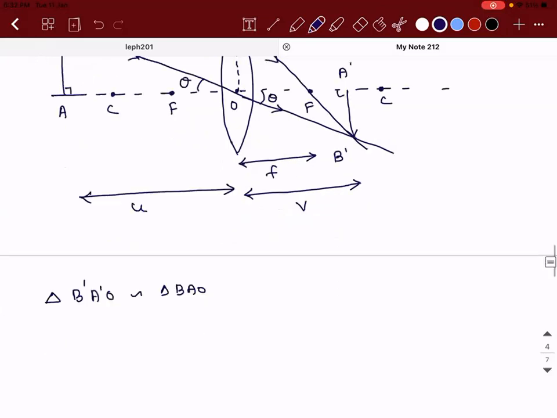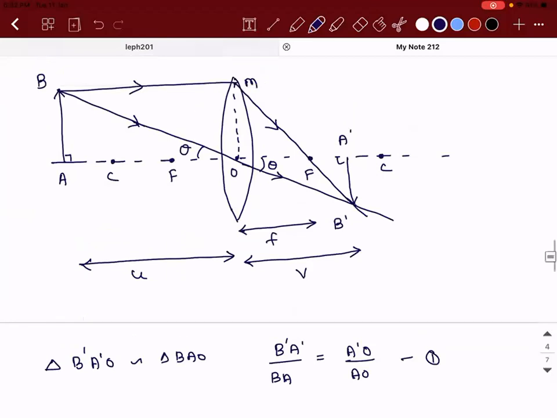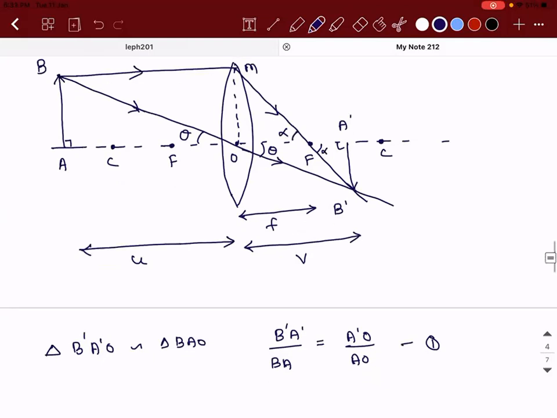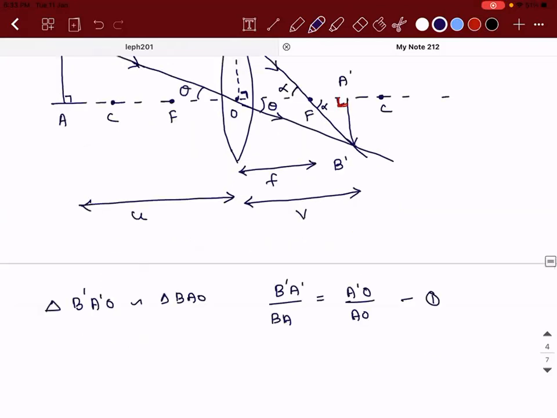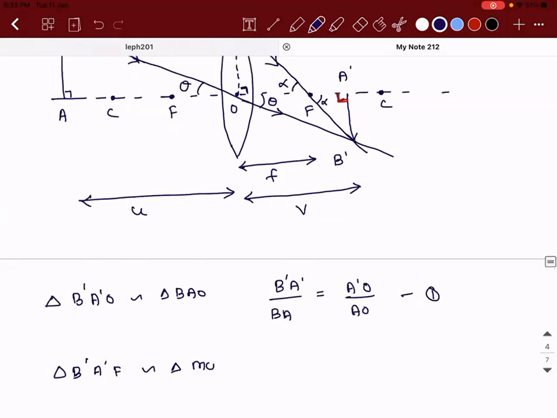According to AA criteria, B dash A dash divided by BA will be equal to A dash O divided by AO. Let me call this equation number 1. In a similar way, if I say this angle is alpha, and this angle is 90, and this angle is also 90, then triangle B dash A dash F is similar to triangle MOF.